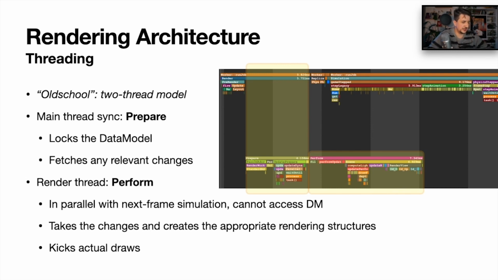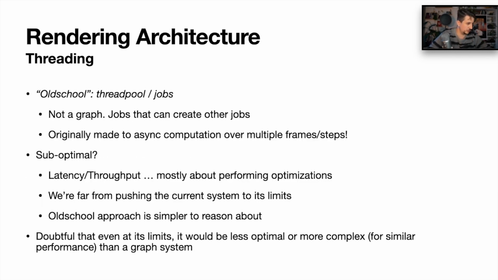The entire threading system itself is fairly old school. Of course, we have a thread pool, we have tasks and jobs, and we don't create and optimize graphs. But we have this idea where jobs can create other jobs, which really makes it easier to do graph-like computation.